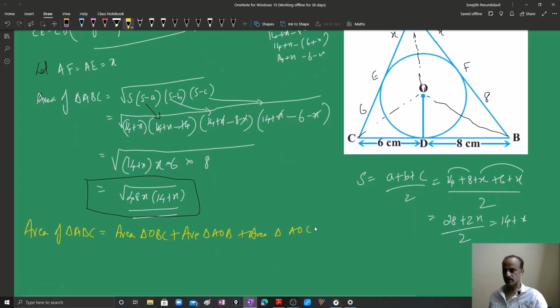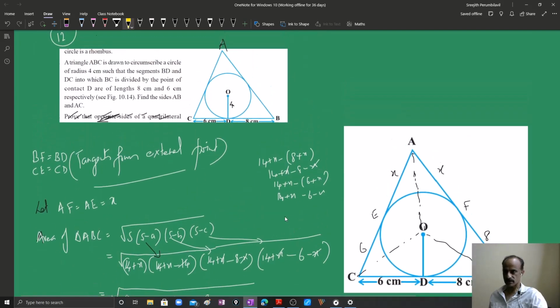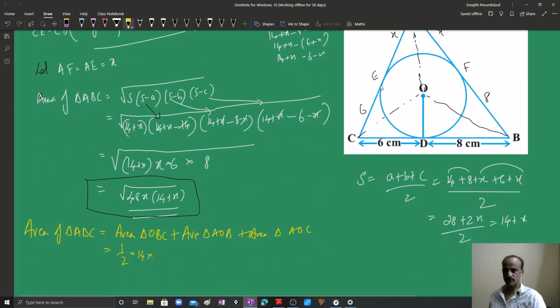So this is equal to half into base. What is the base of this triangle? That is 8 plus 6, that is 14, into height. What is the height? As far as the question is concerned, it's the radius, 4 centimeters.